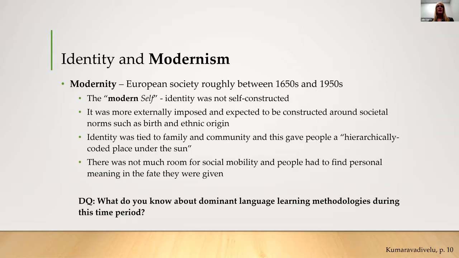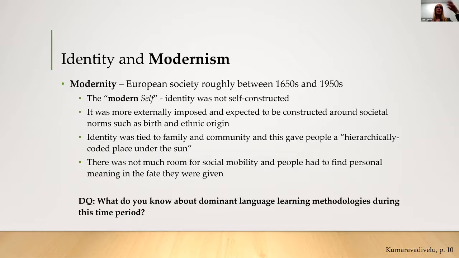So think about what was going on in the 1650s. But I'm going to open the mic for you all to have a conversation in a second. So let me just get through this slide, but then I'll go back and I'll ask you what was going on in that period of time in the 1650s and then in the 1950s. So the modern idea of self obviously was not developed way back in the 1600s.